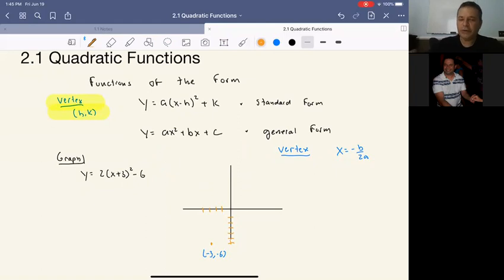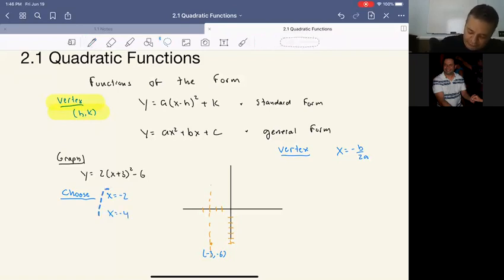Negative 3 is the line of symmetry, so I'll pick 2 points that are 1 away from negative 3 in x only: x equals negative 2 and x equals negative 4.